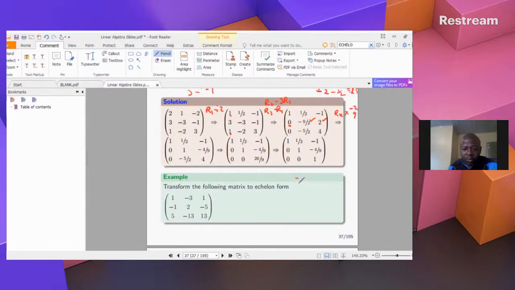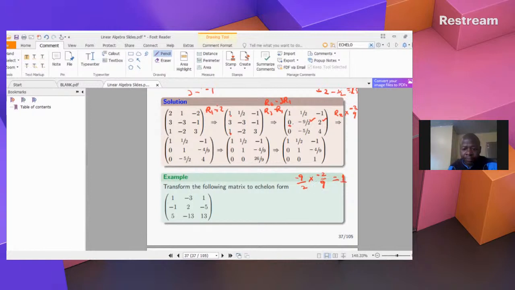How do I make negative 9 out of 2 be 1? I can do that by multiplying this by negative 2 out of 9. So I multiply by its reciprocal. So you discover that this will give us 1.